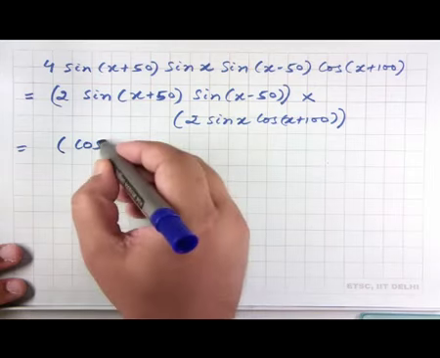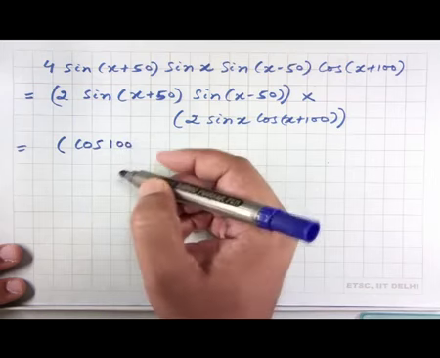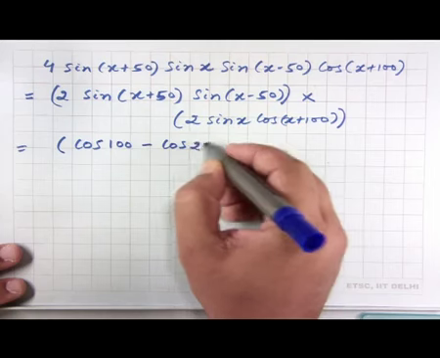So, cos of A minus B will be cos of 100 degrees minus cos of A plus B will be 2x.